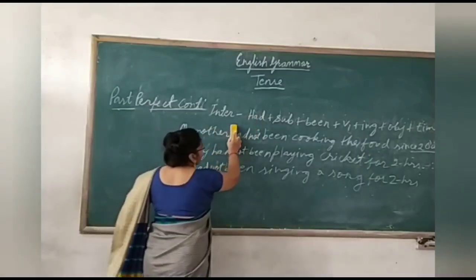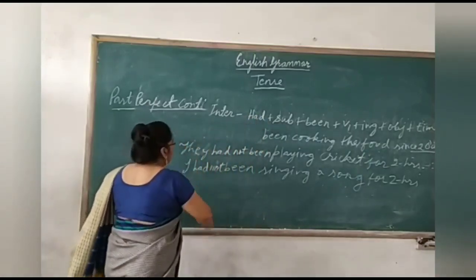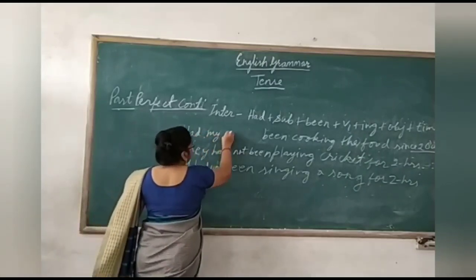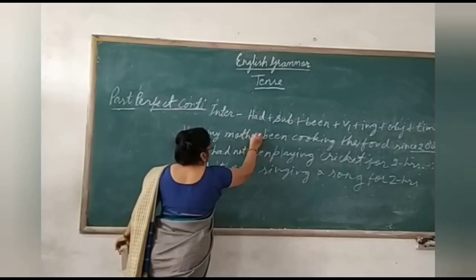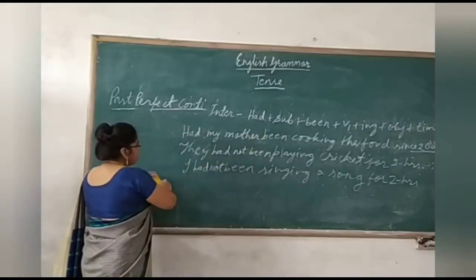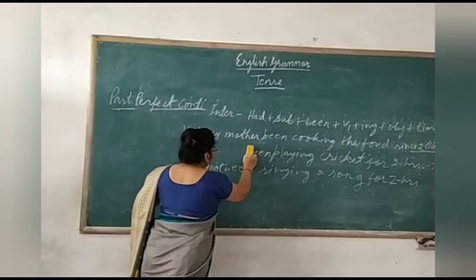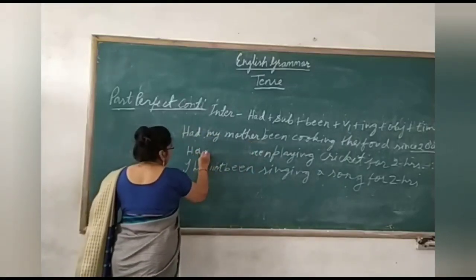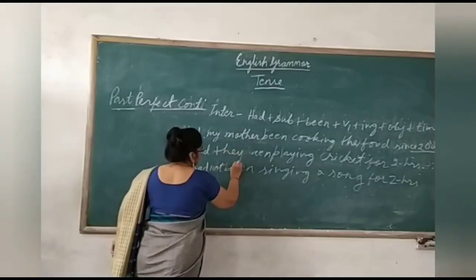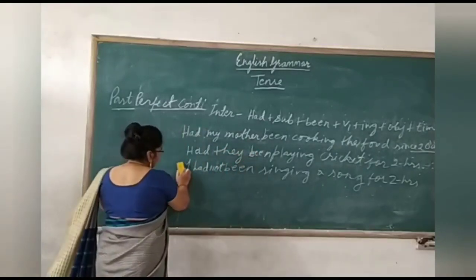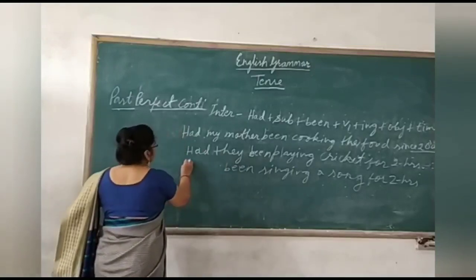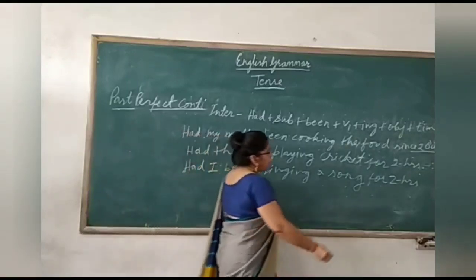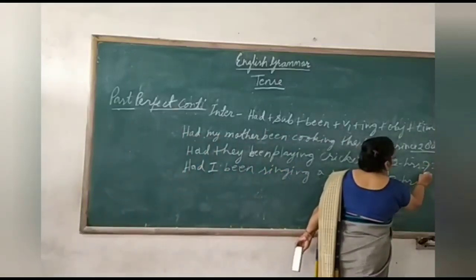Here, let us form the sentence now. Interrogative, what will we do? Had my mother. Only we are just changing the position of the verb. In the second sentence, had they. See, in the third one, had I. See, you have to put the question mark because it is interrogative sentence now.